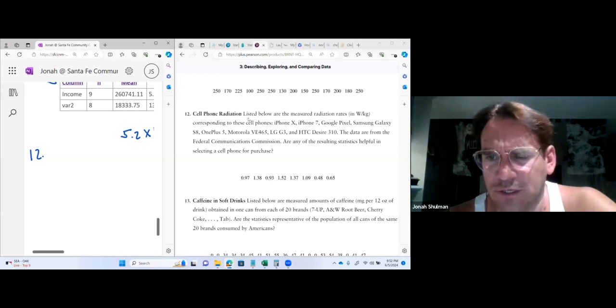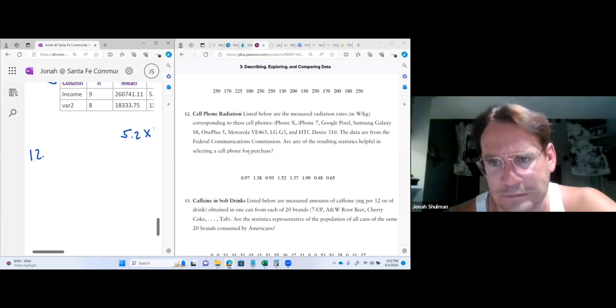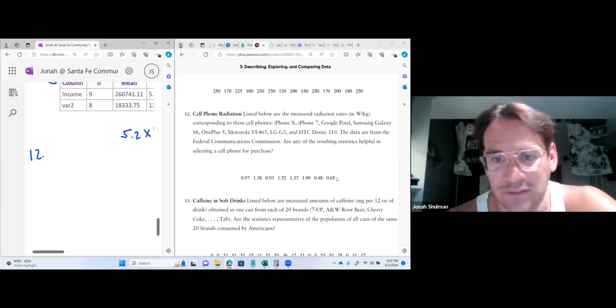Listed below are the measured radiation rates in watts per kilogram responding to cell phones. The data are from the Federal Communications Commission. Are any of the results helpful in selecting a cell phone for purchase? Just looking at this, I better get this HTC Desire for the lesser amount of radiation, but I guess that's up to us.